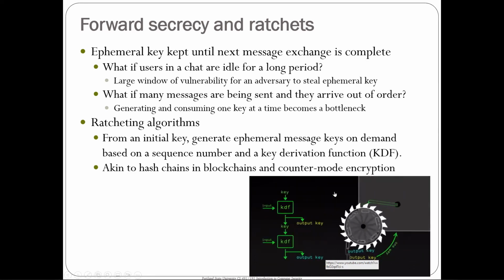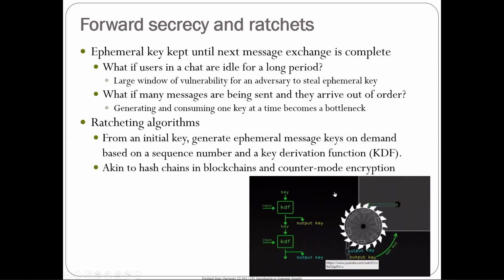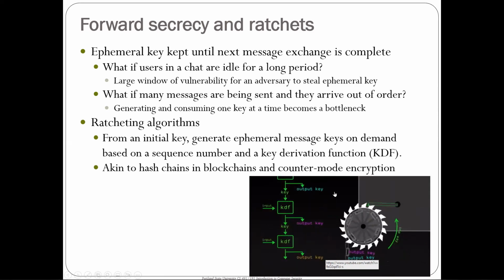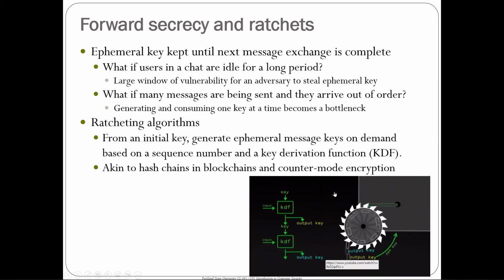This is very similar to hash chains. Like if you've taken the blockchain class, you take the output of the hash and make it the input of the next hash, and then that generates a random chain of things that you can use as keys effectively. Similar to the counter mode encryption, if you remember last class, where you're taking a nonce and a counter, and that's generating the stream cipher for the key stream that you're using subsequently.